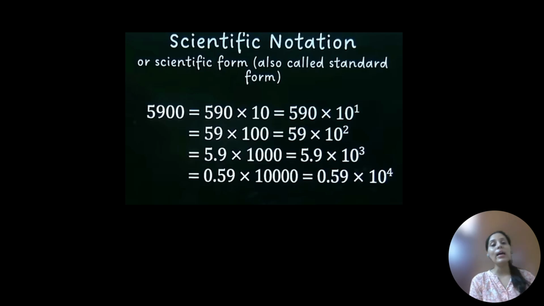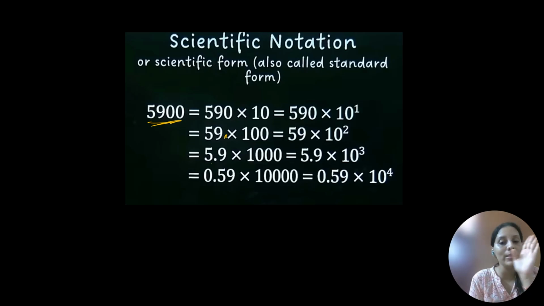Next up we have the scientific notation. Now this is very very interesting. Many questions come in scientific notation, which I hope everyone should try and understand. Now this is very clear. 5900 can be written as 590 into 10. So 590 into 10 power 1. Now I can also write this as 59 into 100. Now 5.9 into 1000. Here is my decimal, isn't it?